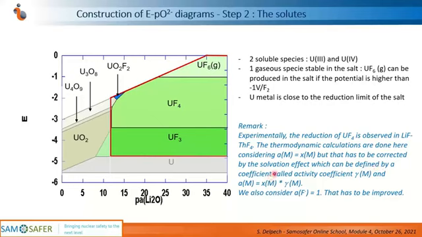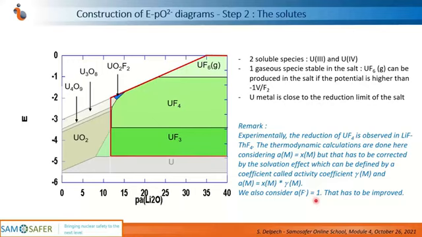First, we didn't consider the solvation effect of the element. Generally, the activity of one element is given by the product of its mole fraction and its activity coefficient, and that is very important because it will change the position of the redox potential. Another point is that we considered an activity of fluoride ions equal to 1.